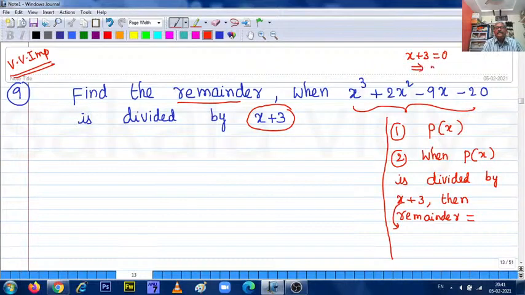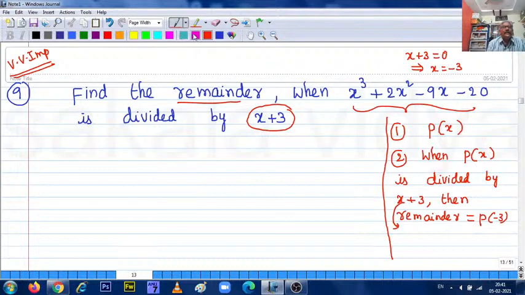So x is equal to minus 3. So that means the remainder is p of minus 3. That means in this, in the place of x, substitute minus 3, and you get the remainder.